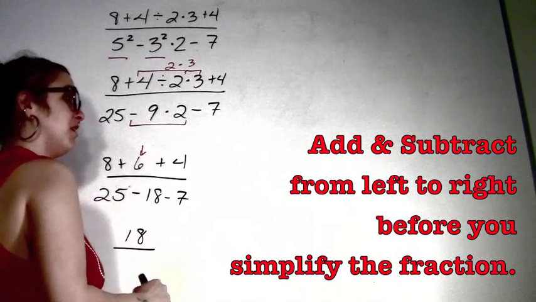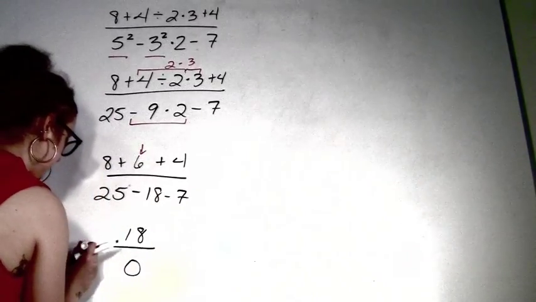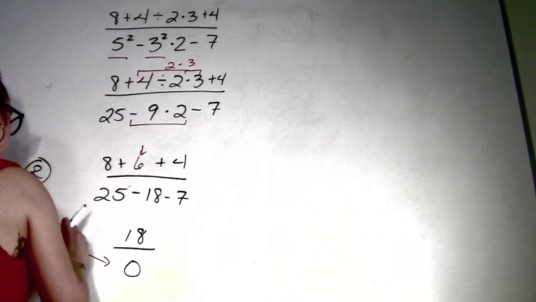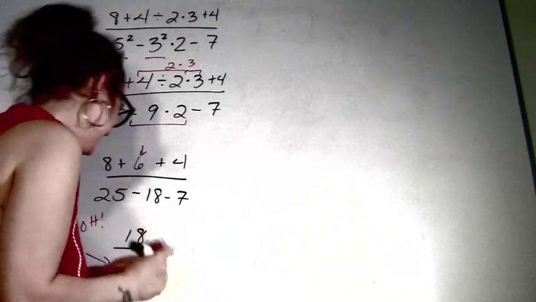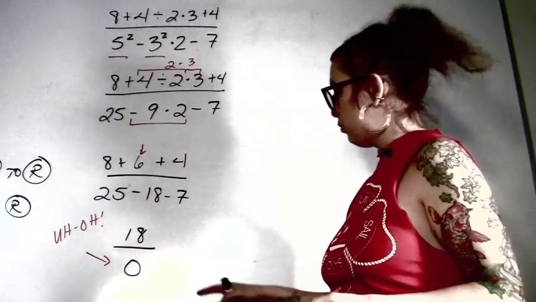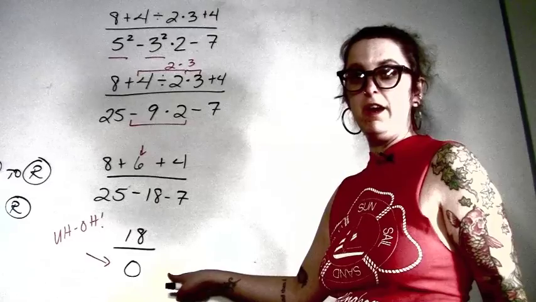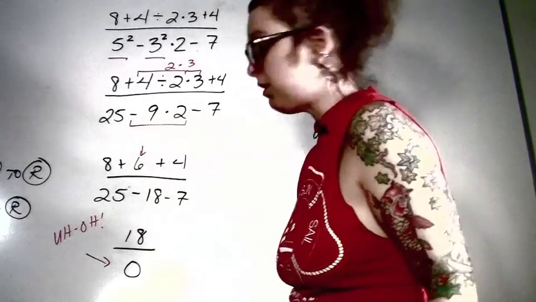Okay, take away another 7, 0. Problem. Uh-oh. Okay, so here's the deal with this right here. The answer to this problem is officially undefined, so I'll write that down.